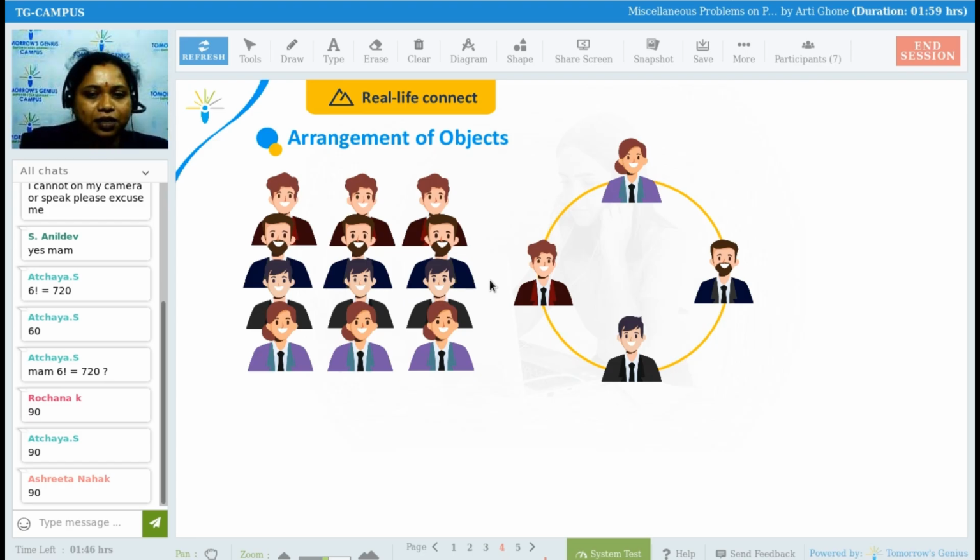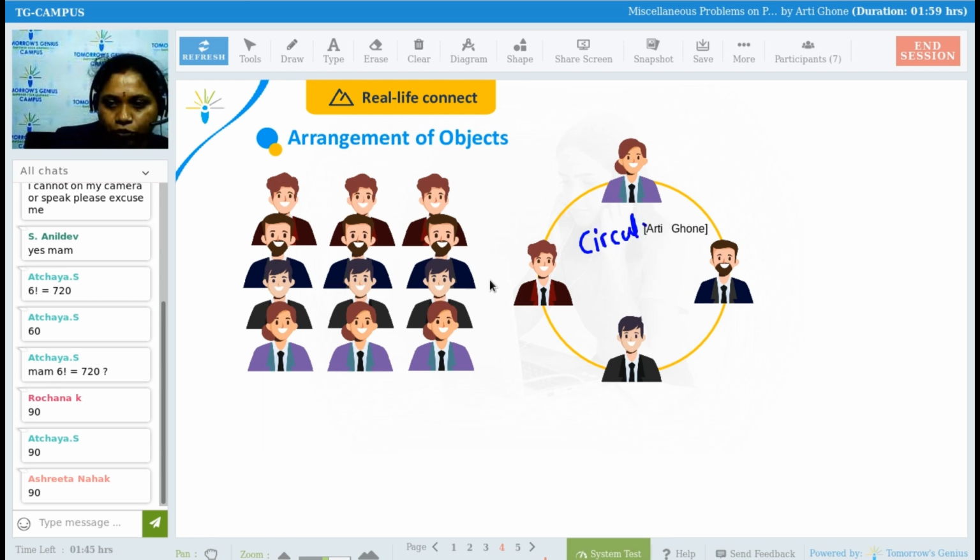Now, I have these many persons, whatever it is, and I want to arrange them in a circular pattern. What will we do? That is what we are going to see today: what is a circular arrangement. Clear? There must be a change in the circular arrangement. If both arrangements are the same, then how can we define which is circular and which is linear? So there must be some changes, and those changes will be incorporated in the new type of arrangement, that is the circular arrangement, known as circular permutation.